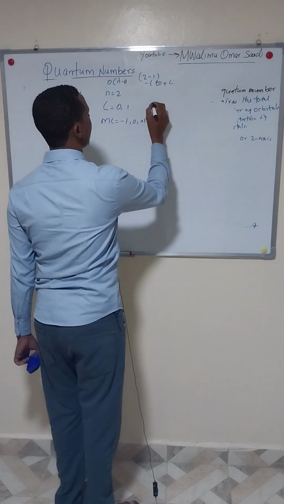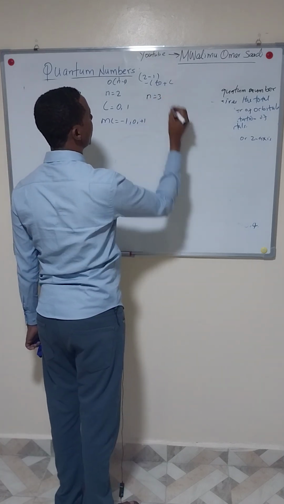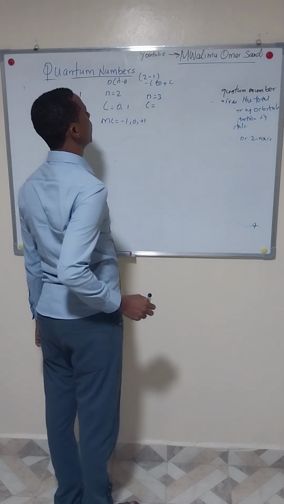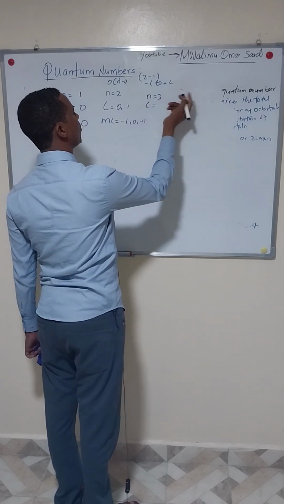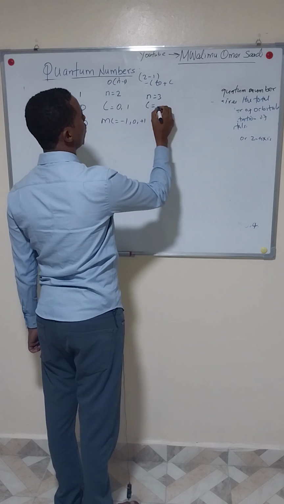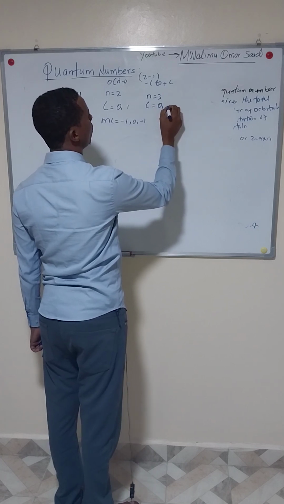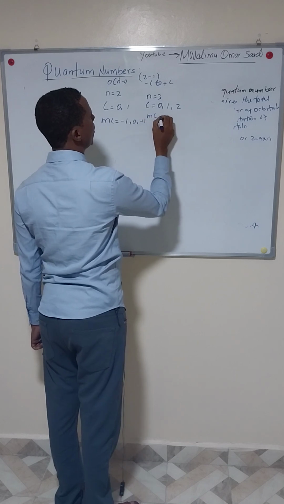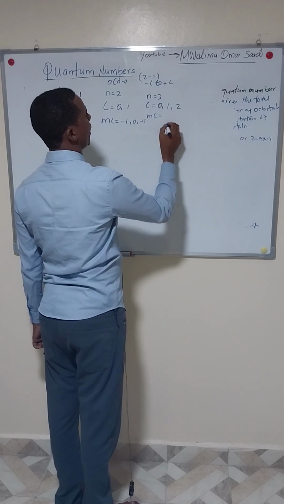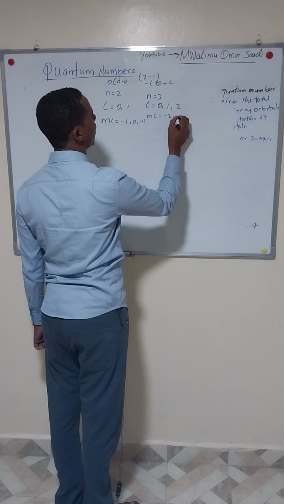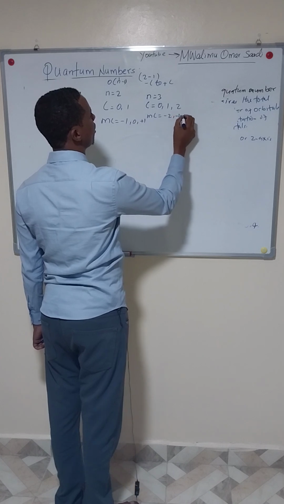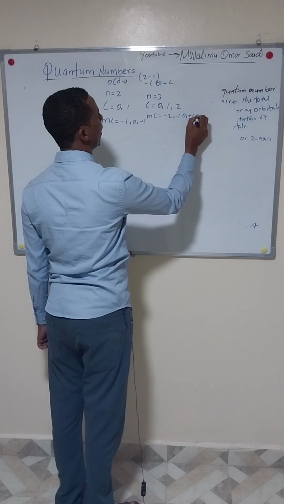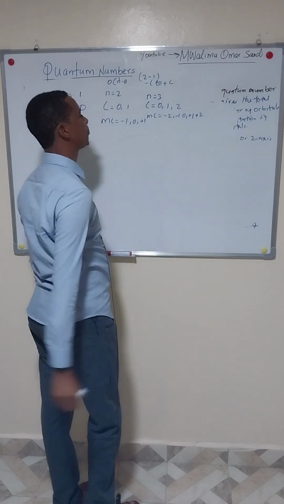If n is 3, L will be 3 minus 1, that is 2. So L will be 0, 1, and 2. ML will be negative 2, negative 1, 0, positive 1, and positive 2.